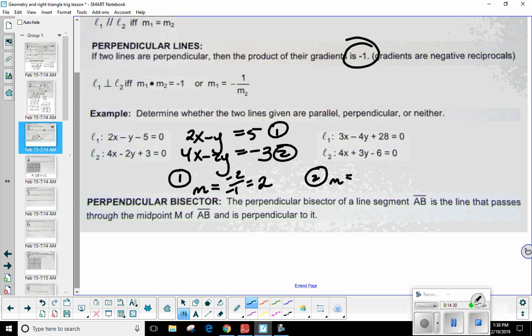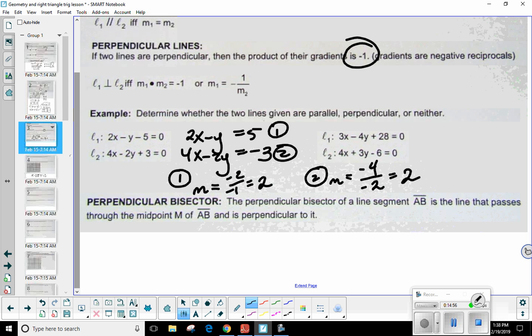The opposite of A, -4 over B, -2 does give me 2. So we can definitely eliminate perpendicular. They're either parallel or neither. Because what's the other possibility? The two lines could be the exact same line. Remember, we call that coincide.